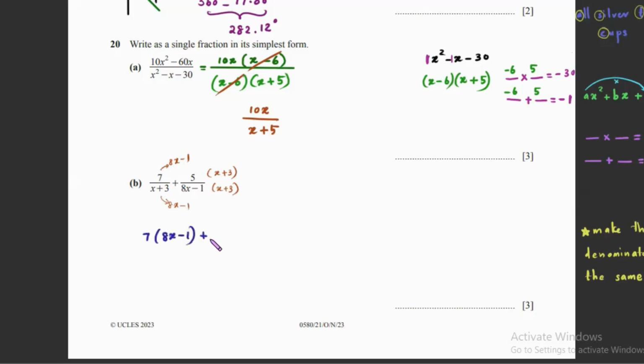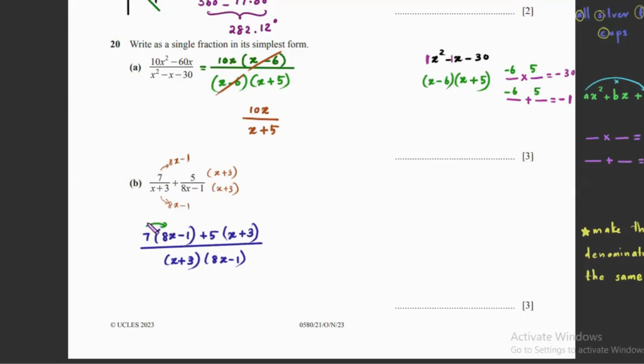Now, when I do that, I can write it as 7 times (x minus 1) plus 5 times (x plus 3), and they both will have the same denominator, which is x plus 3 and 8x minus 1. I'm going to write x plus 3 and 8x minus 1 here. I'm going to expand the numerator, simplify it, and then see if I can factorize it or not.